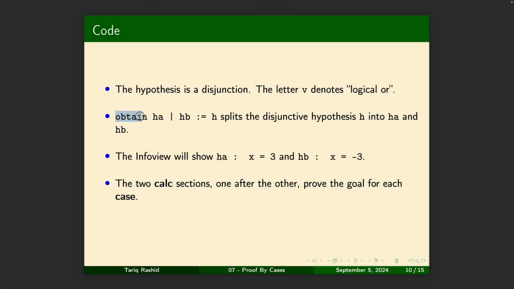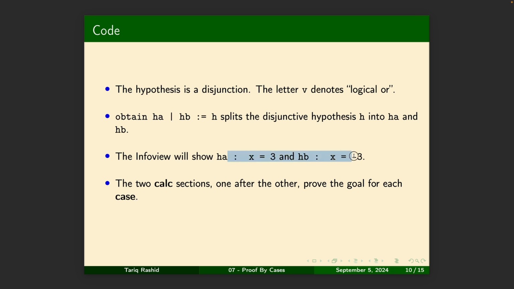So obtain splits a disjunctive hypothesis into smaller pieces, and they become temporary hypotheses related to the two cases, and we have to prove them one after another.